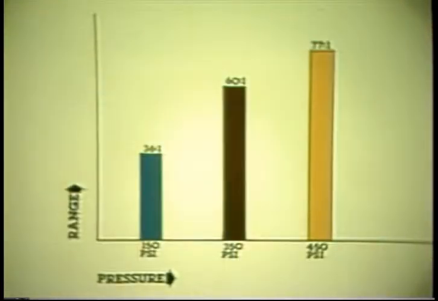Now, even if the pressure increases to 450 psi, the meter's range will increase to 77 to 1, and it would be able to measure flows of over 1 million cubic feet per hour. An orifice meter would require a number of different plates to cover this pressure range.